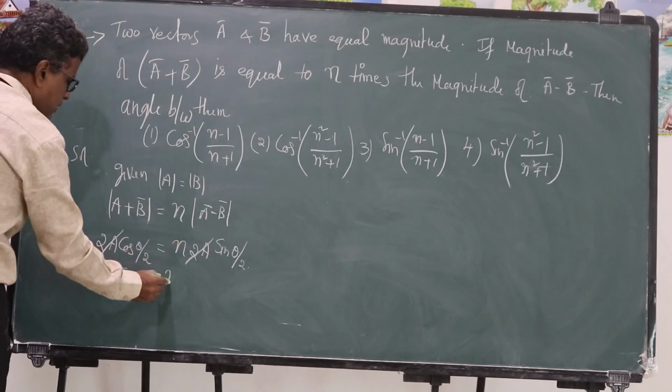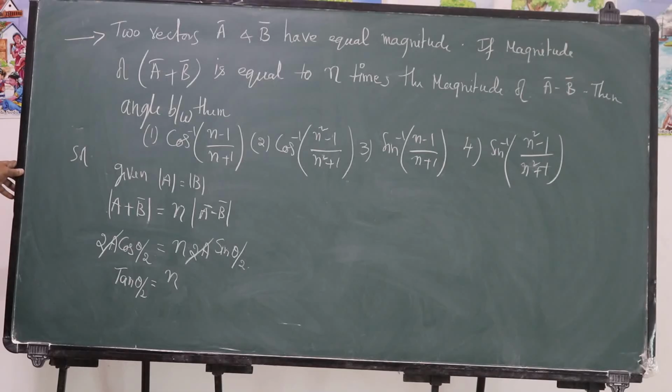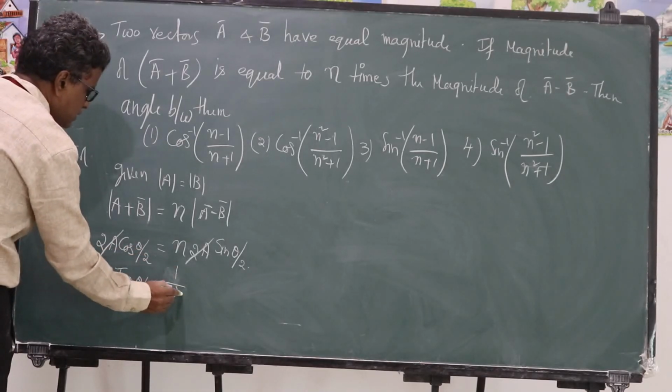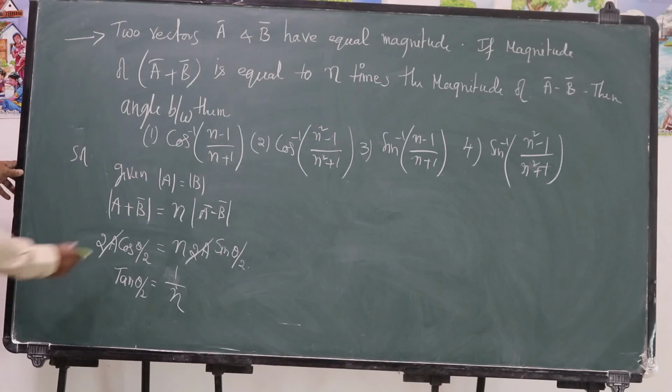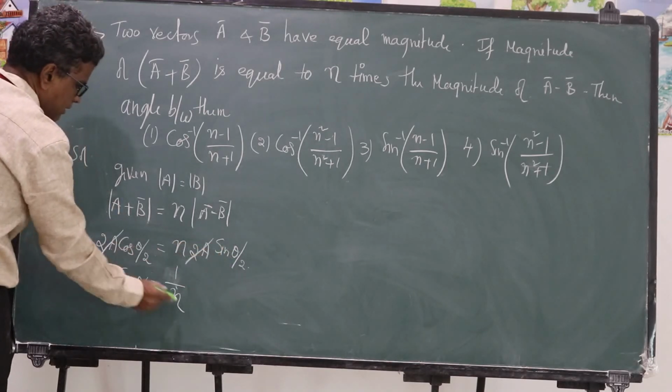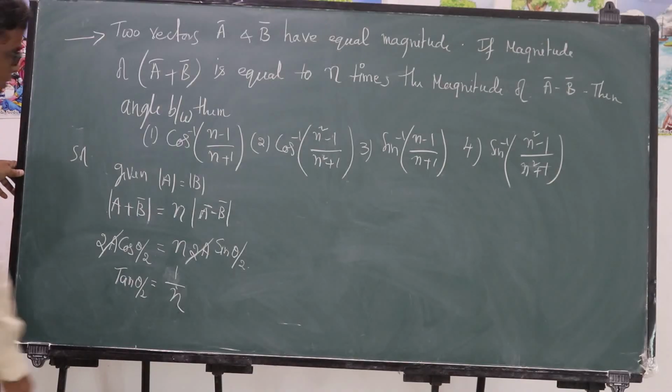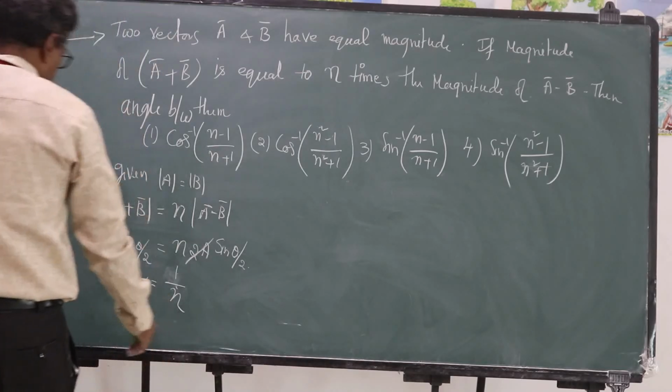You will get sin theta by 2 over cos theta by 2, so tan theta by 2 is 1 by n.